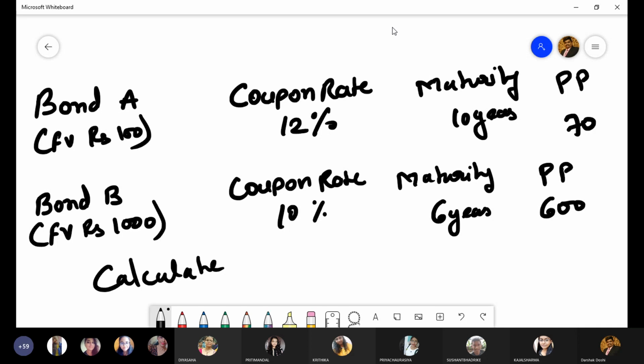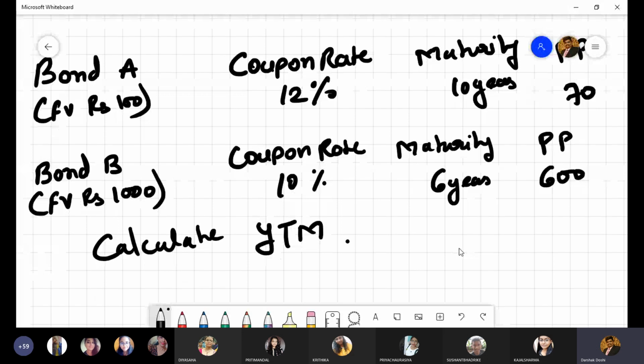Calculate YTM. Is this copied? Shall we start with the solution?